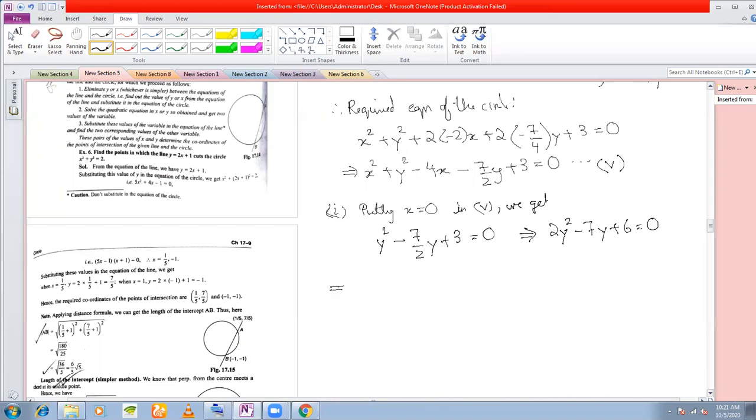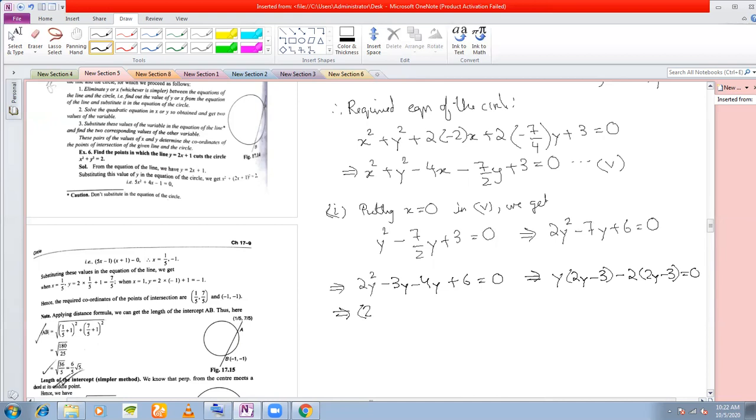Okay, so you do a middle term factorization. You get minus 6y times 12, what are the factors? 3 and 4 should be the factors. Minus 3y minus 4y plus 6 is equal to 0. That means you get y into 2y minus 3 minus twice into 2y minus 3 equal to 0.